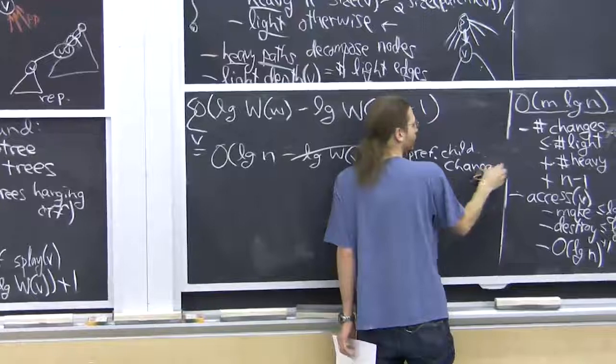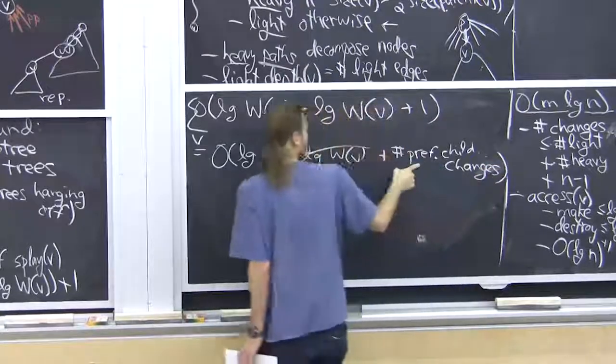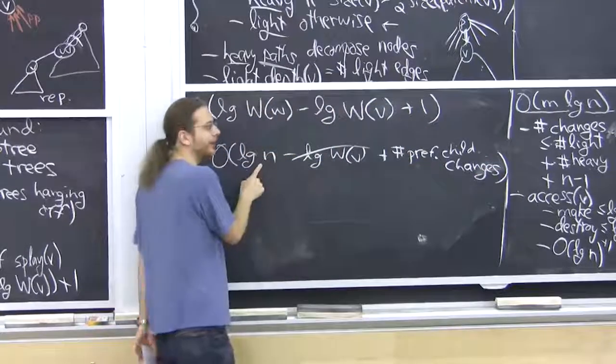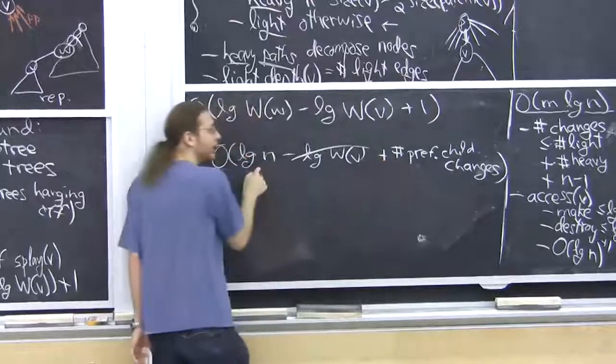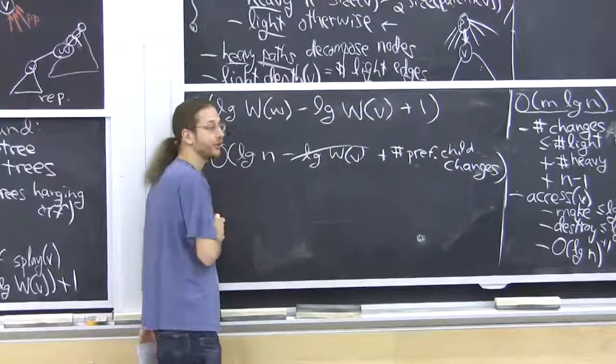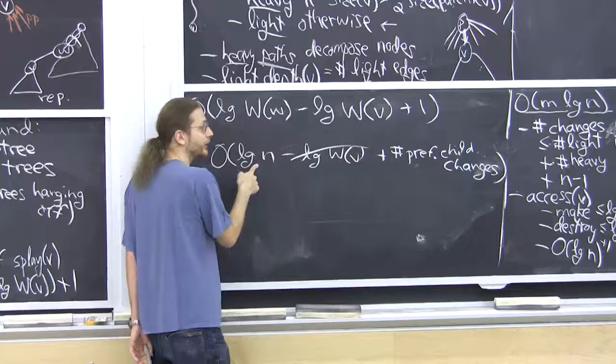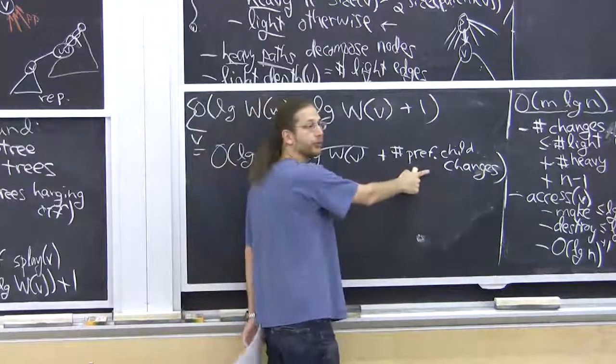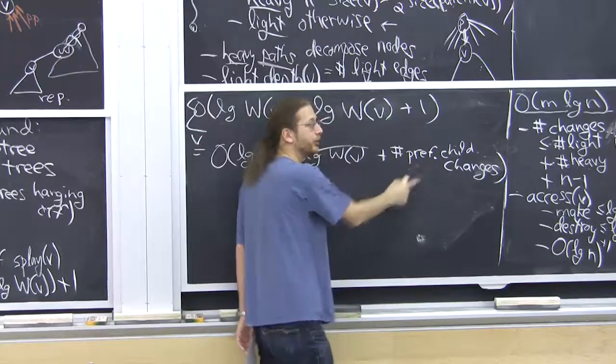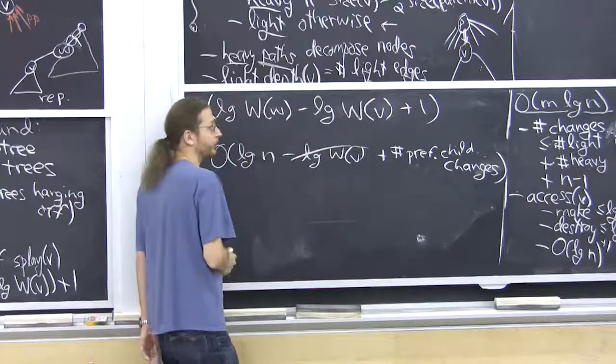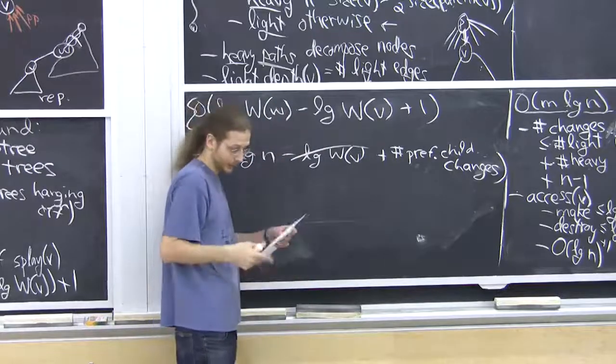And now we're golden, because before, the obvious bound was number of preferred child changes times log n. Now it's number of preferred child changes plus log n for an entire access. And so we pay log n here. We already know the amortized number of preferred child changes is log n per operation. So overall, the amortized cost per operation is log n. And we're done.